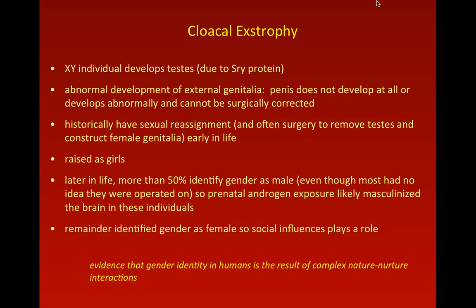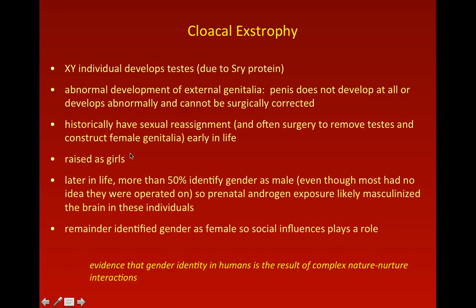And so these individuals historically, until recent decades, have had sexual reassignment surgery to remove the testes and to reconstruct the genitalia into female genitalia early on in life, often as very young babies. And then they're raised as girls.